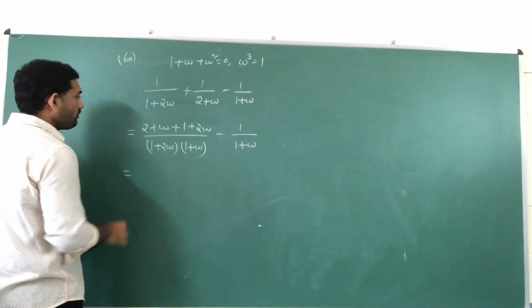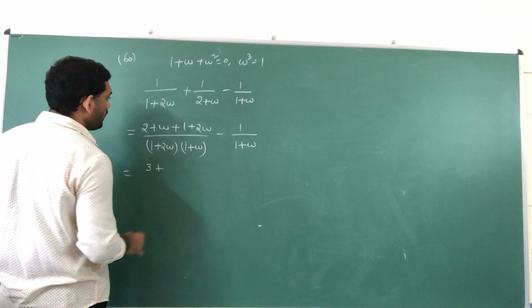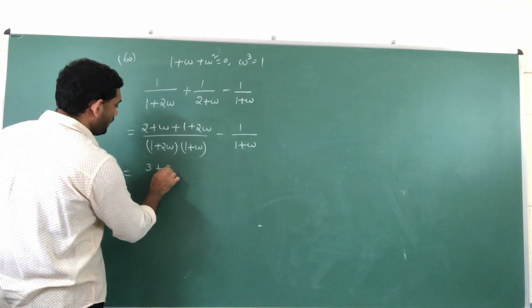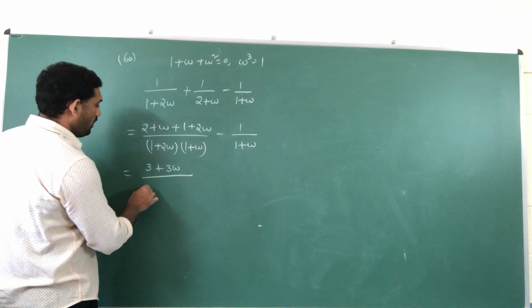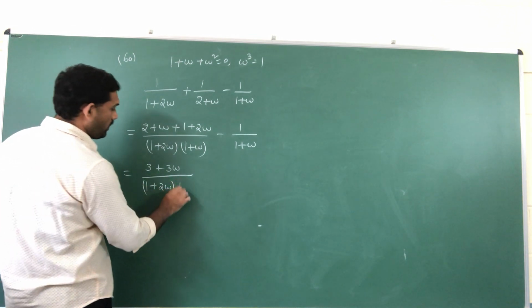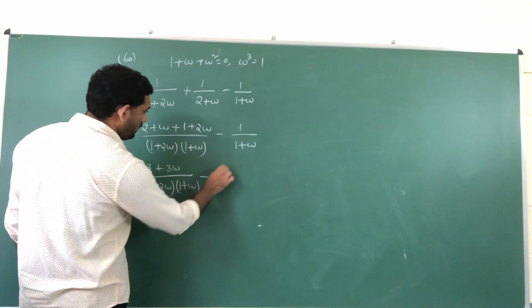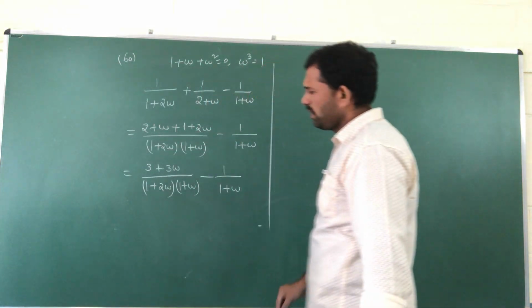So 2 plus 1 is 3, plus omega plus 3 omega... divided by 1 plus 2 omega into 2 plus omega, minus 1 by 1 plus omega. See that simplification, general simplification only.